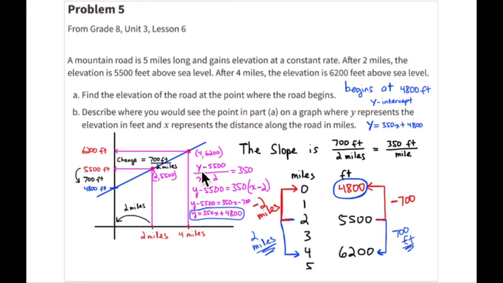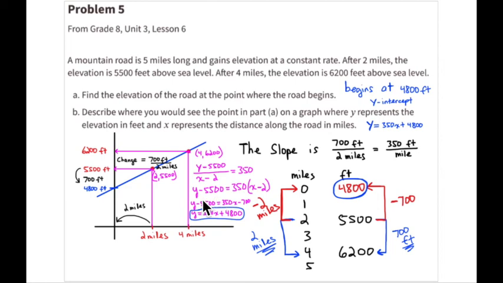So we're just working with this side, and we say that it's 350 times this side, or this amount here, so then we can move this amount over here to complete that multiplication. And then if you subtracted 5,500 as the starting point, and remember, that's as if this is a slope triangle that slides down here 5,500 feet, and it slides over here 2 miles to get to the origin right there.